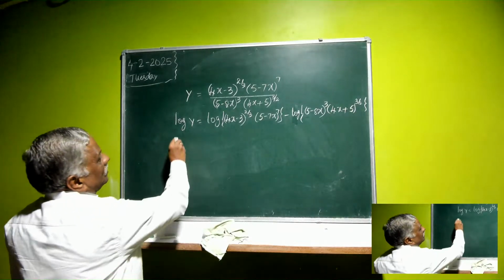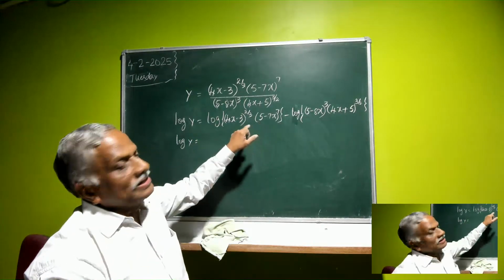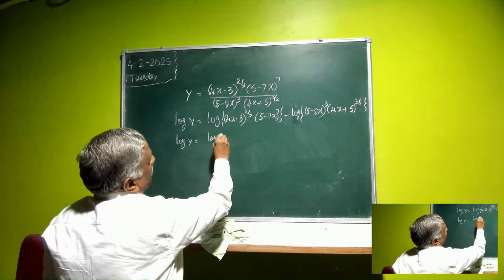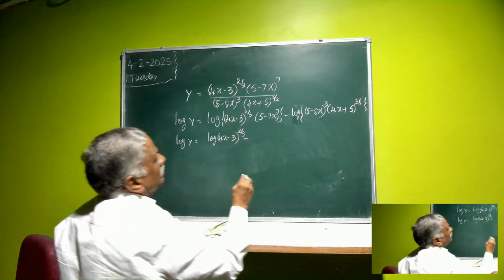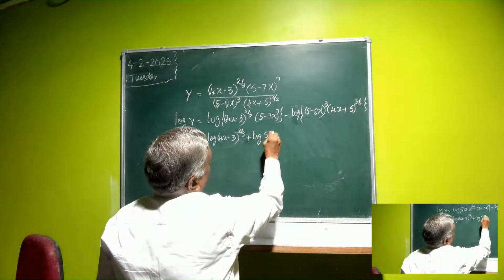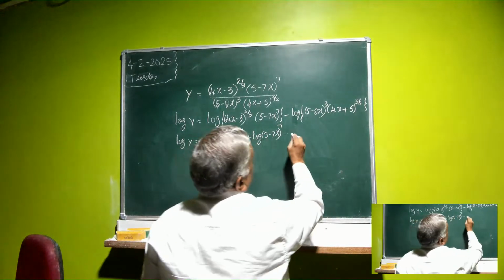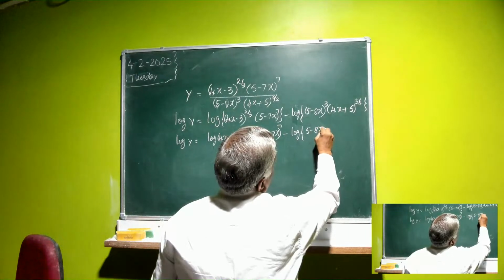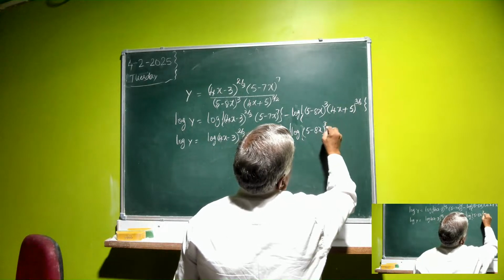Now, log y is equal to... you have to apply the log AB formula, that is log A plus log B. So the first step is log (4x minus 3) to the power of 2 by 3, plus log (5 minus 7x) to the power of 7, minus log (5 minus 8x) to the power of 3.